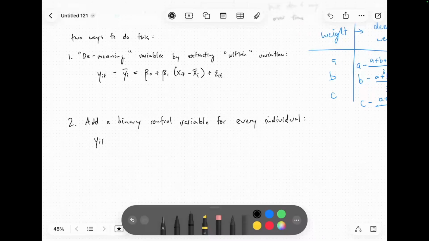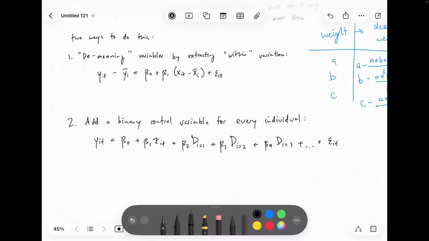So y_it equals beta 0 plus beta 1 x_it plus beta 2, where we have our control variable for i equals 1, plus beta 3, control variable for i equals 2, beta 4, i equals 3, and so on and so forth.